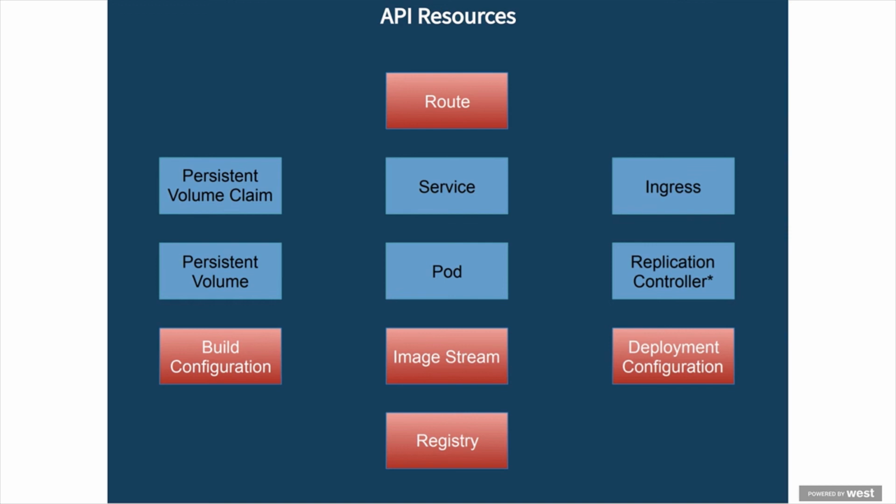Team leads would package these things up, make them as a template, install them in the catalog, and then average web developers could come through and select, "I would like stack A, please," that has already bundled up everything they need in order to be productive, without an assumption that they would need to learn what is a pod, what is a replication controller, what is a deployment, what is a registry, what is a route.